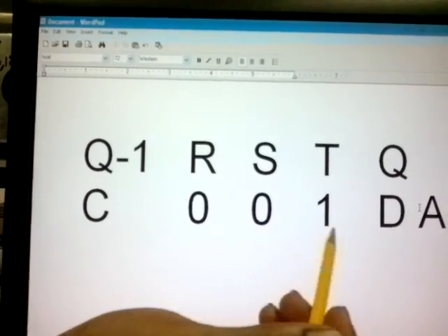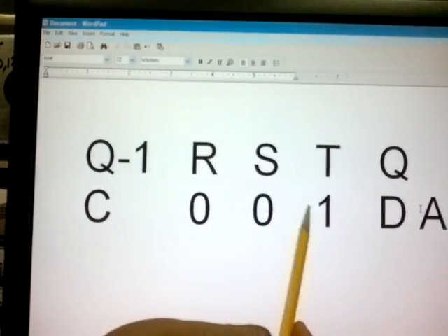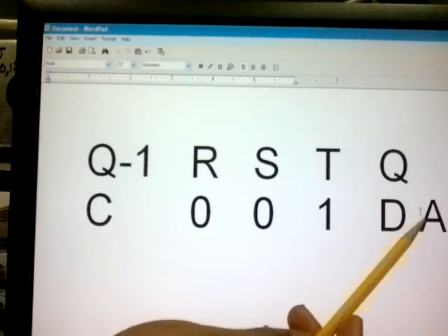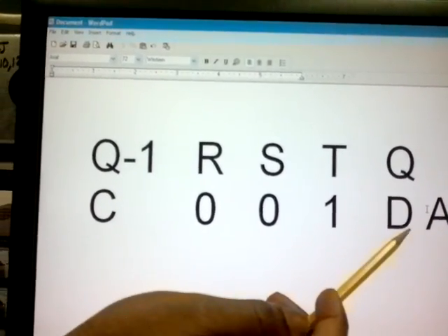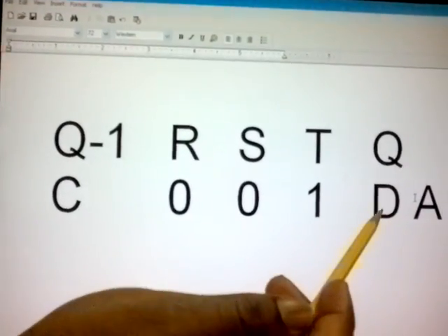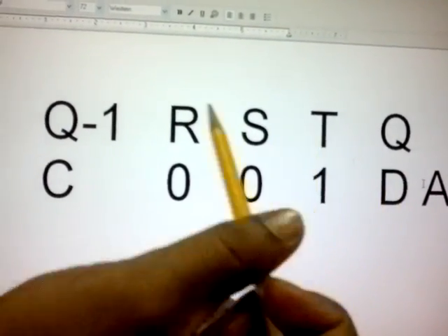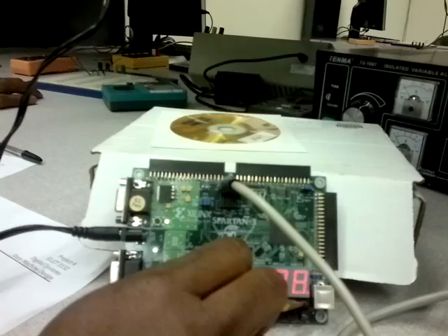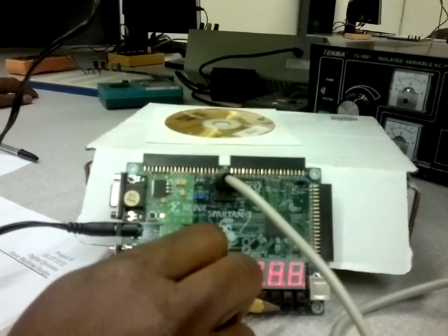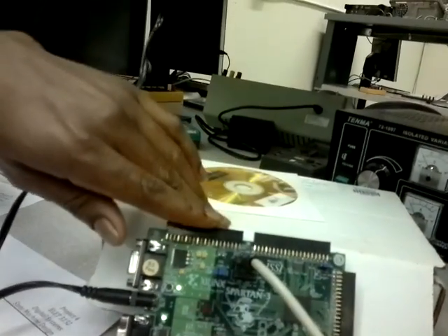And the machine transitions to D during these combinations, but once it gets to D, it goes back to the default state, which is state A. And over here we have R being 0, S being 0, and T being 1.